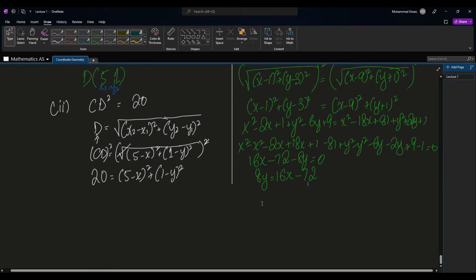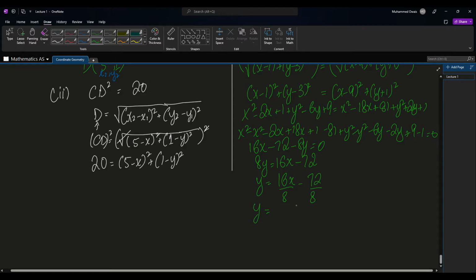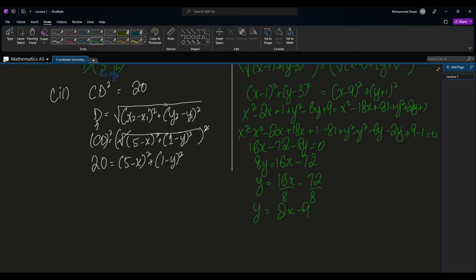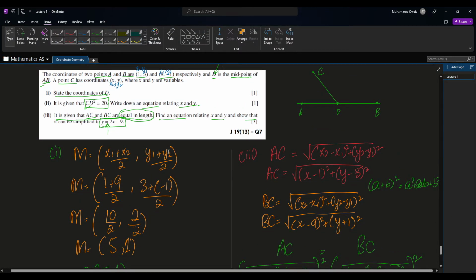Now I can divide this whole equation by 8, which becomes 16x over 8 minus 72 over 8. So y is now equal to 2x, and 72 over 8 is 9. So this becomes y equals 2x minus 9, just like they wanted us to find.